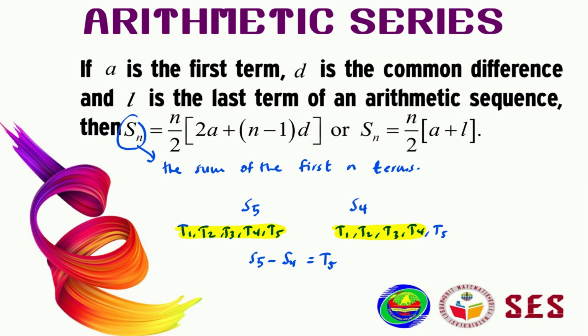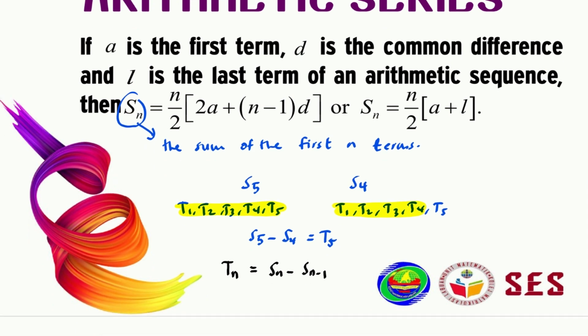In general, if we want to find Tn from the Sn formula, we calculate Sn minus Sn minus 1. Or if we need to find T3 from the given Sn formula, we calculate S3 and then minus S2, and then we will get T3.